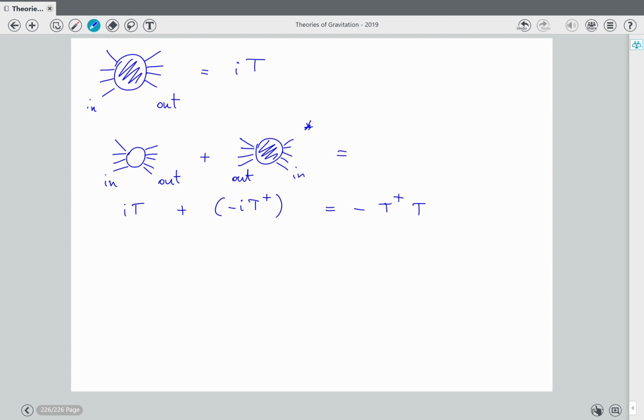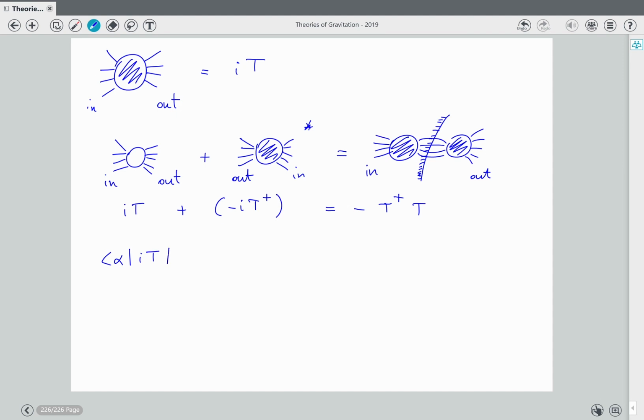and that is equal to some identity where your in states, so you have a cutting of your diagrams, and let's say that you compute this object.